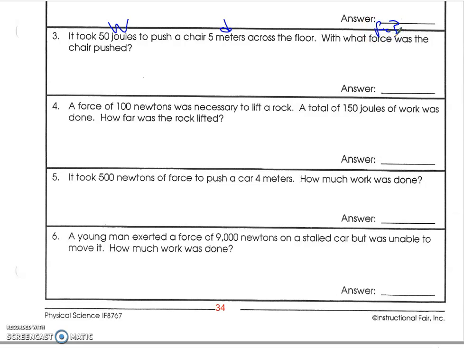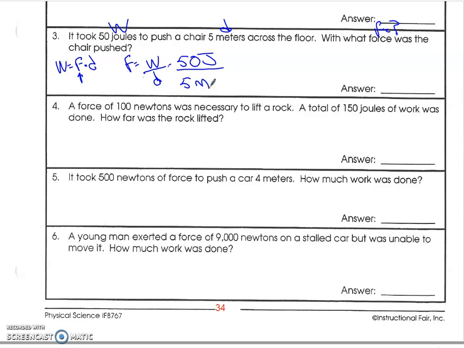So if the equation is work equals force times distance, but we have to solve for force, really all you have to do is divide both sides by distance. You get force equals work divided by distance. And now you want to pay attention to units because that's going to let you know if you set it up right. You have 50 joules divided by 5 meters.